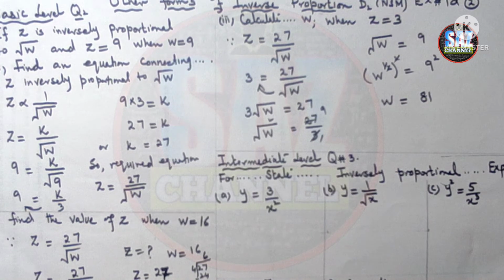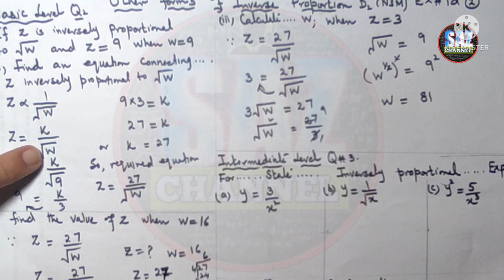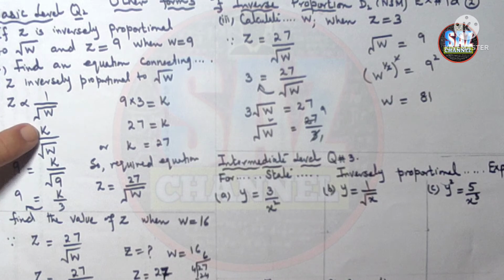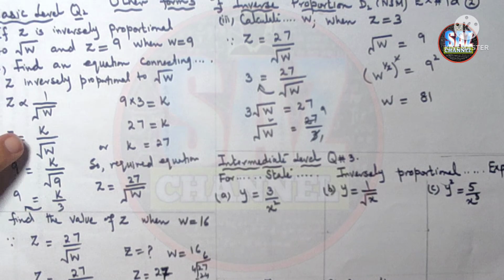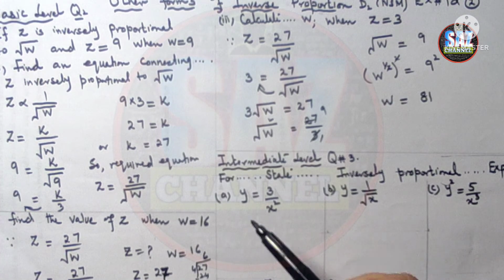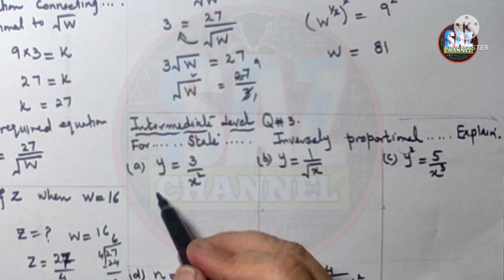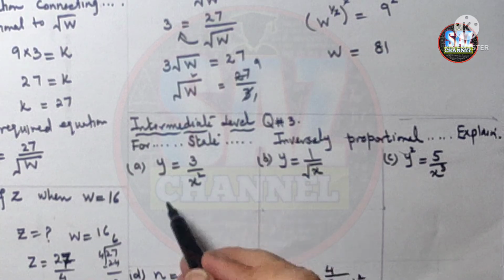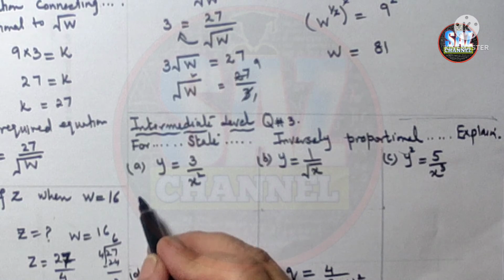Again we can take help from the previous question: when z and w are inversely proportional to each other, we can multiply them, like z into square root w equals some constant, which is 27 in that question. So the two variables which are inversely proportional to each other are y and x squared.